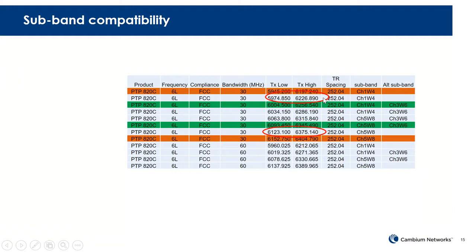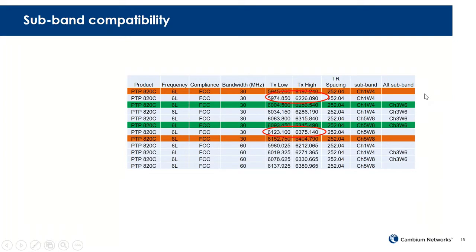And let's say you try to choose another pair of channels, 6123 and 6375. These two channels cannot work together because they are not in the same subband. So if you want to set up a 2+2 or whatever using a shared antenna, this will not work.